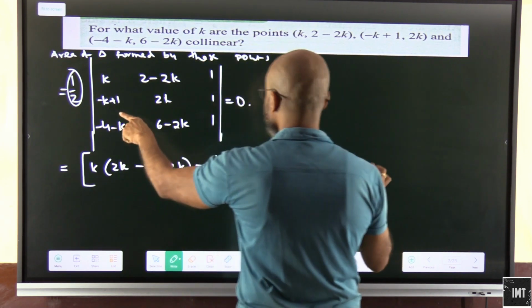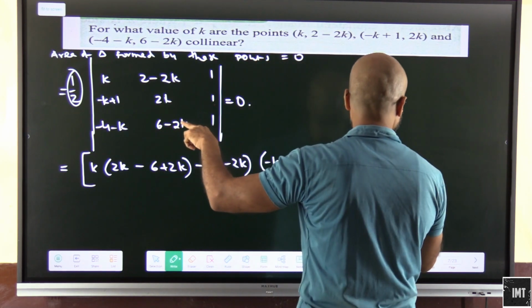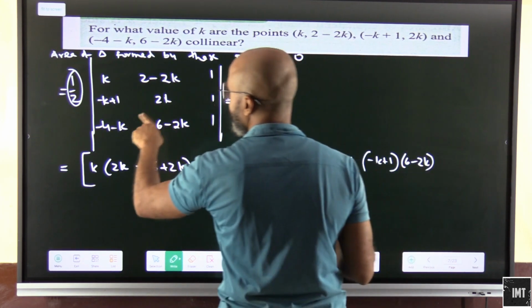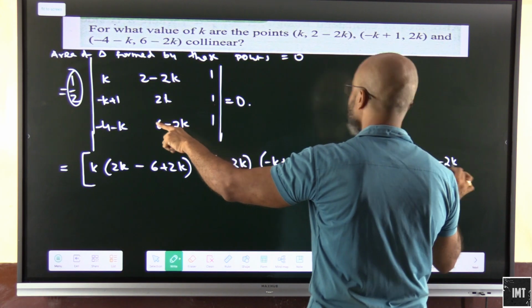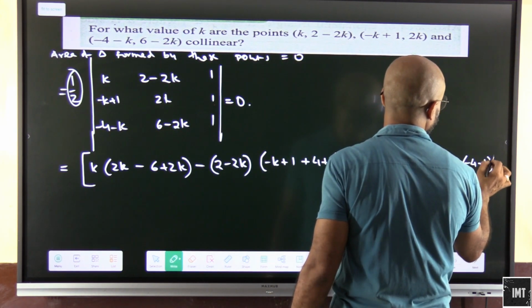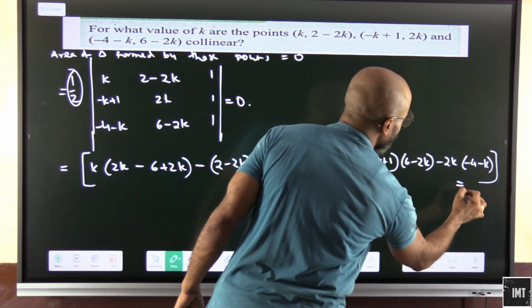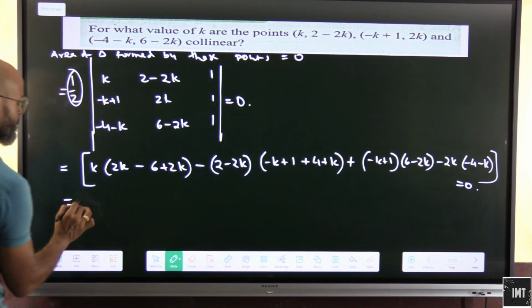So this will be minus k plus 1 into 6 minus 2k, and this will be minus 2k into minus 4 minus k. Okay, let's solve this out here. This will be equal to 0.